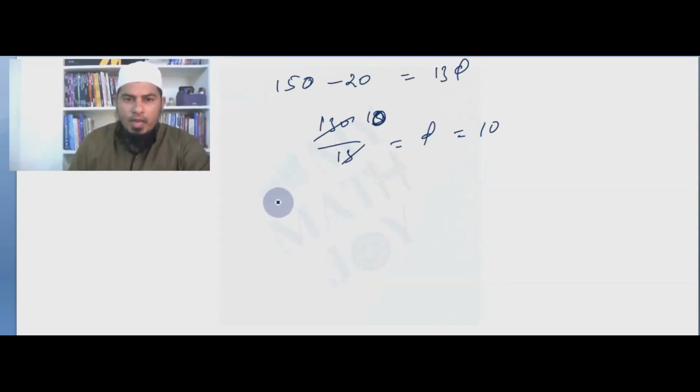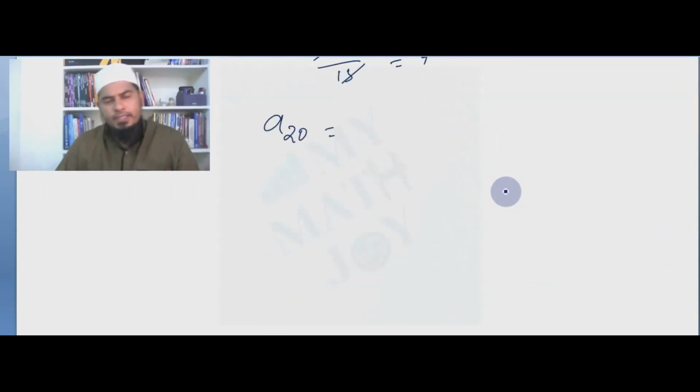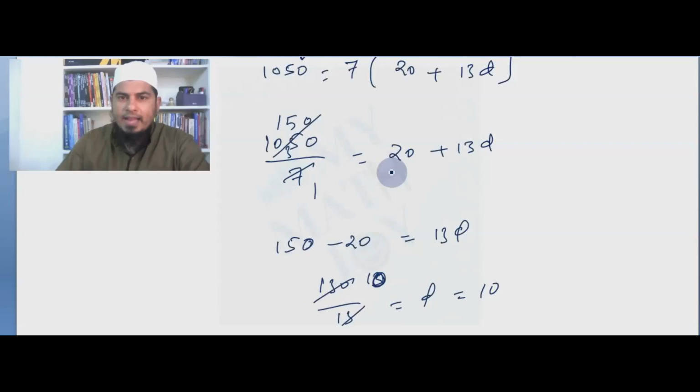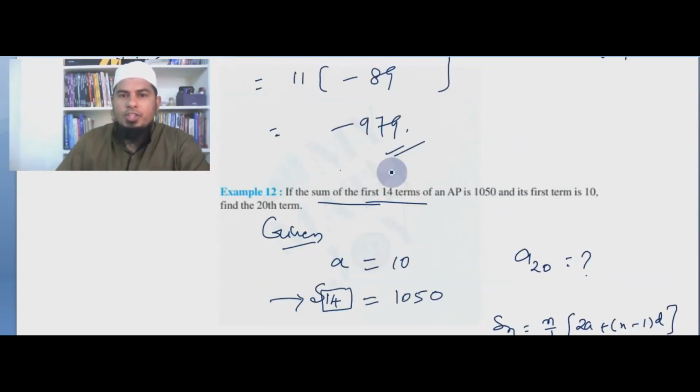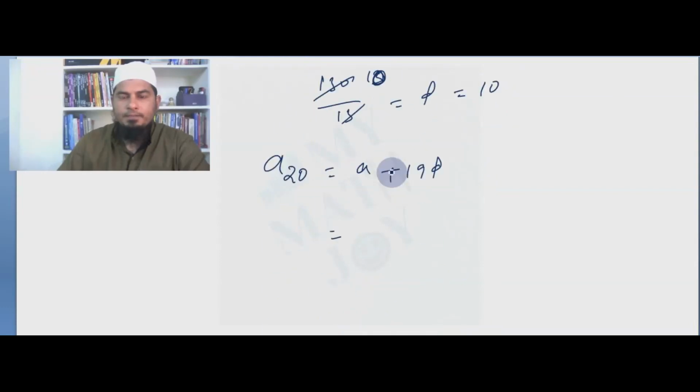He wants us now to find the 20th term. In the question, he told us to find the 20th term. For the 20th term, in the previous lesson we have learned a plus 19d. What is a exactly? The first term is 10.